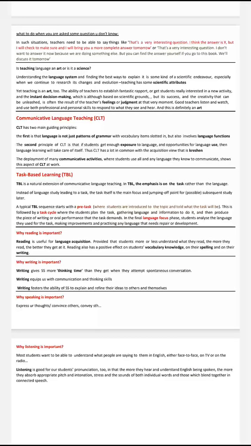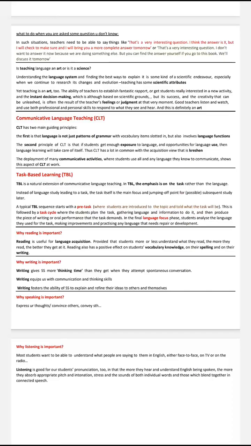Writing gives students more thinking time than they get when they attempt spontaneous conversation. Writing equips us with communication and thinking skills. Writing fosters the ability of students to explain and refine their ideas to others and themselves.